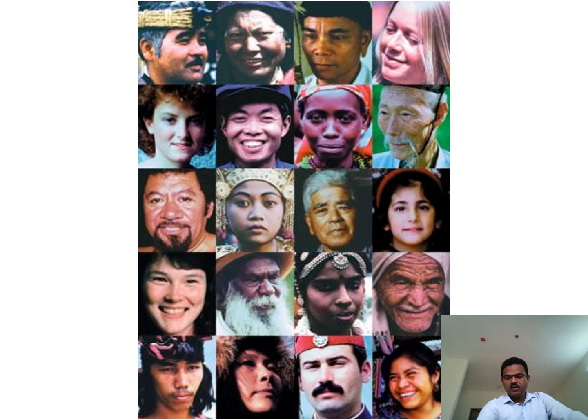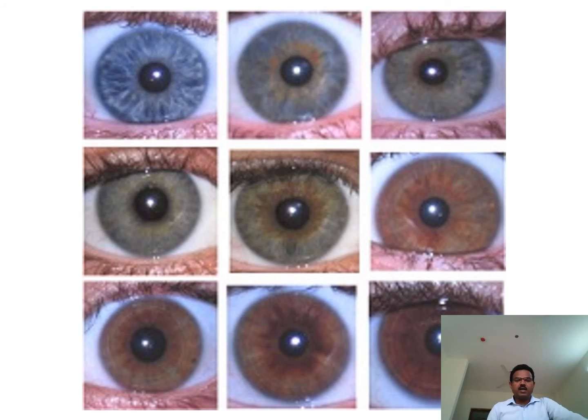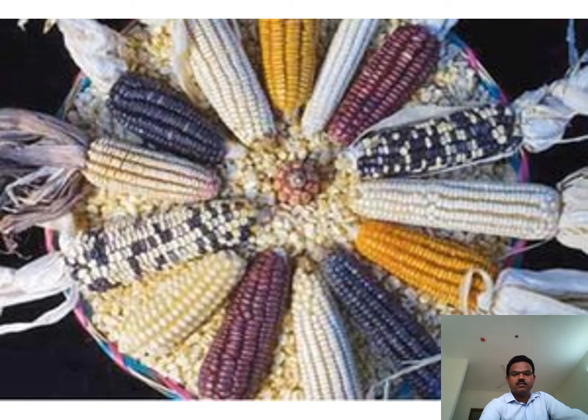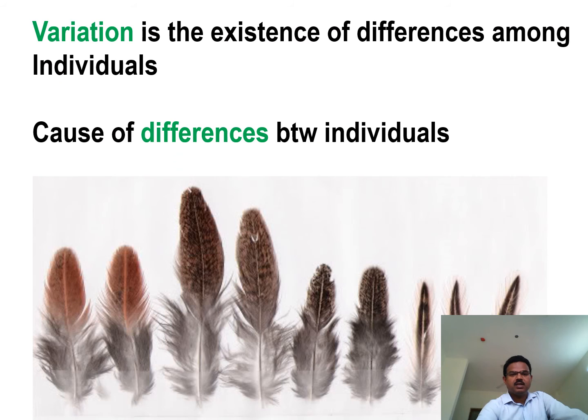So we have diversity for all the traits. If you take eye color, there is a lot of variation. You will appreciate variation in maize, where many colors are there. If you take chili, we have a lot of variations. This is also called diversity.